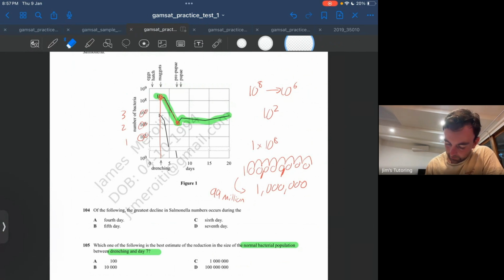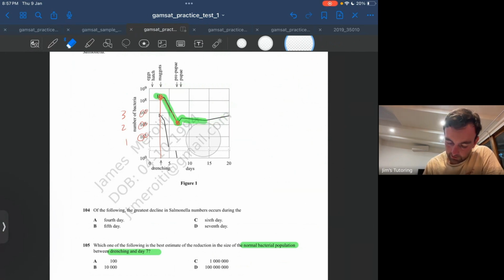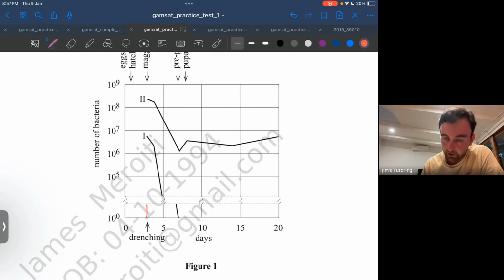And another one I've seen in the same vein is: which one decreases more? Maybe we take it at this point. So line 1 or line 2 between these 2 points.